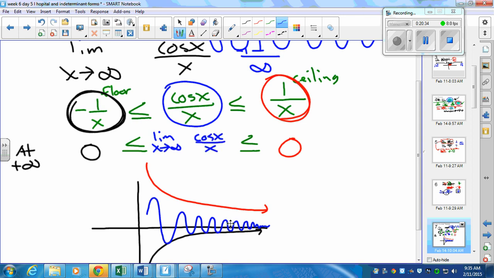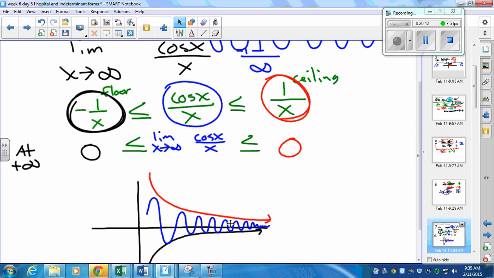Well, the blue guy is forced to be in between the black and the red. If the red pinches and the black pinches down to the axis, then the blue also has to pinch to the axis. So he goes to 0.